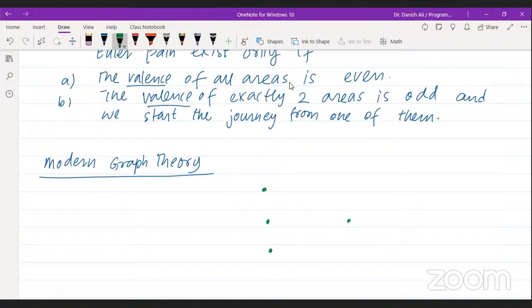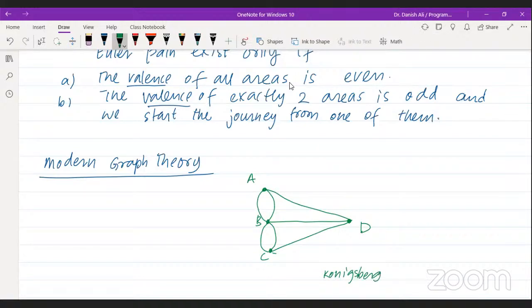It has 4 vertices, A, B, C, D, and each bridge gives you an edge. Let's suppose from A to B we have two bridges, so we connect by two edges, and from B to D, A to D, and C to D. Okay. This is the Königsberg graph.